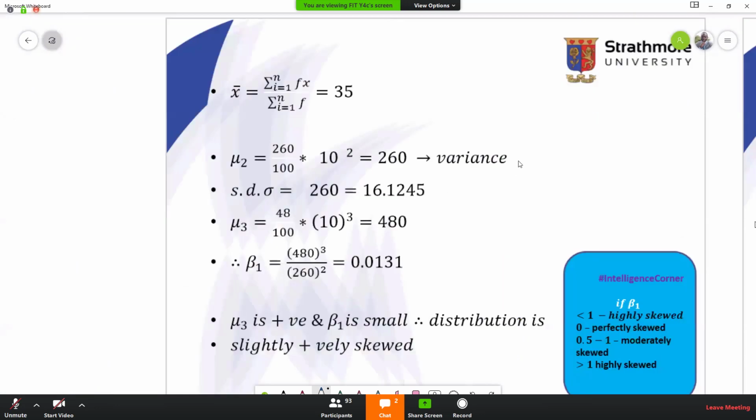If I had divided by, let's say, 6, I would multiply by 6 squared and 6 cubed. If I never divided by 10, I would have larger values here, and I would still get this answer by the end of the day. So it's just a way to simplify computations in a column. I hope that is a bit clear.